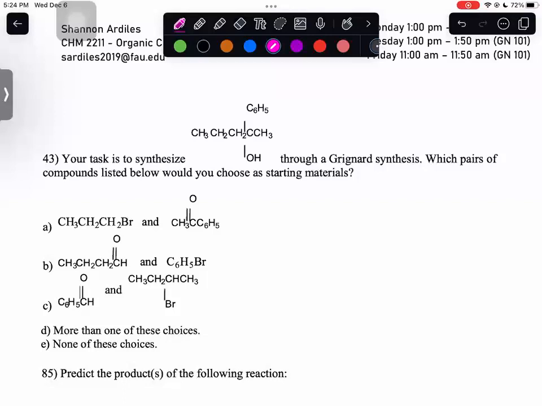It's a retrosynthesis question. Does everyone think it's B?